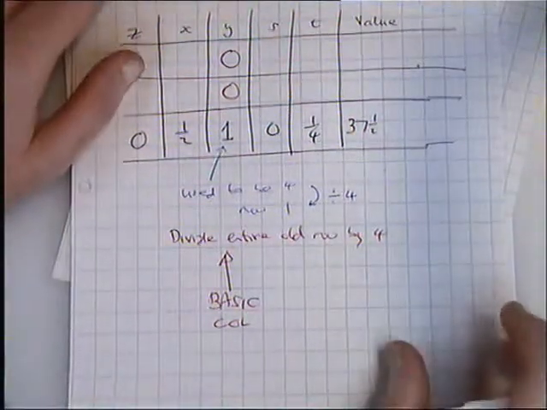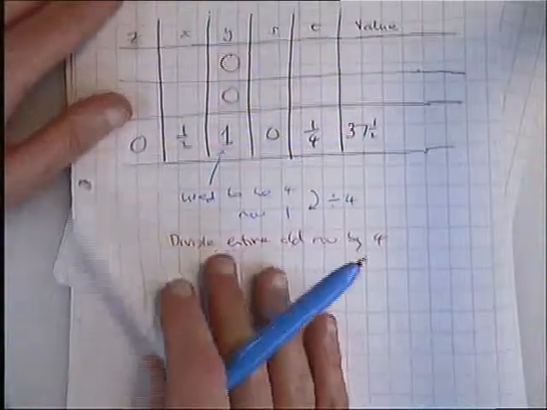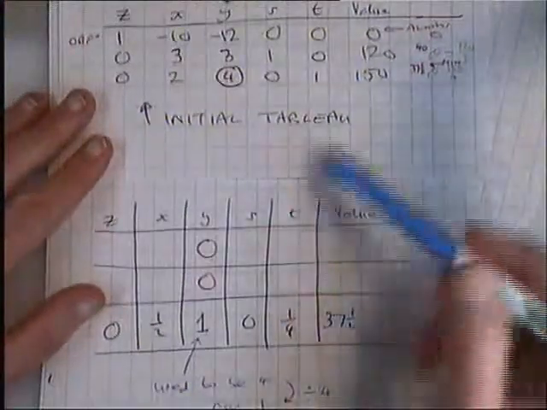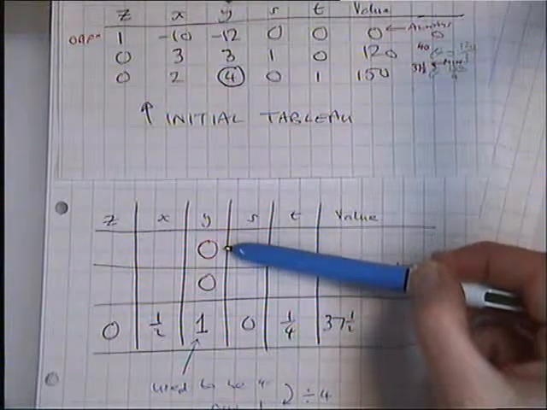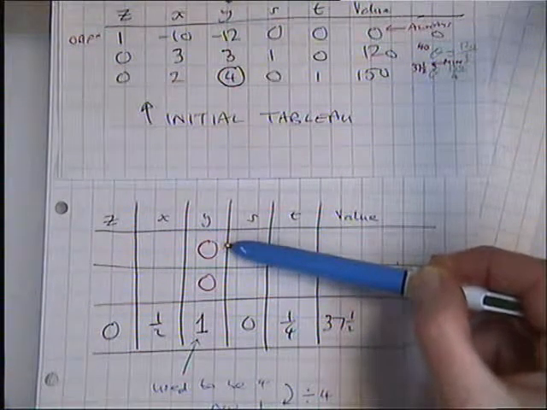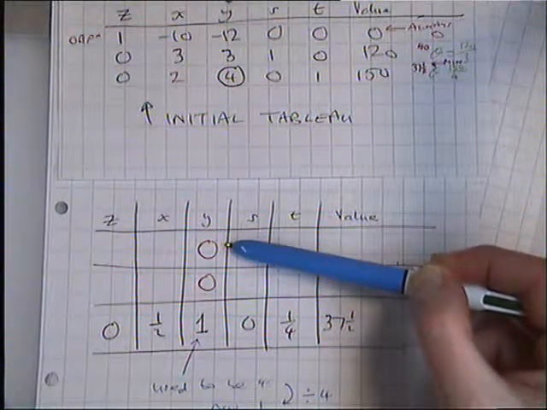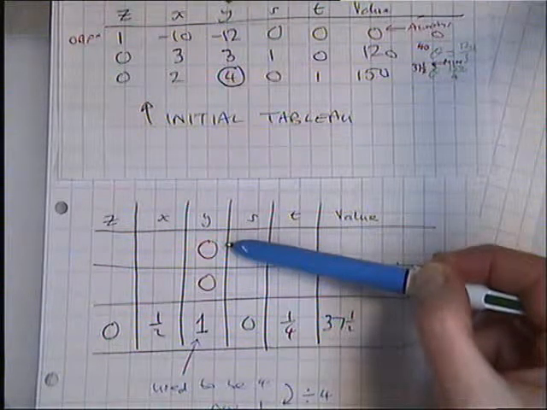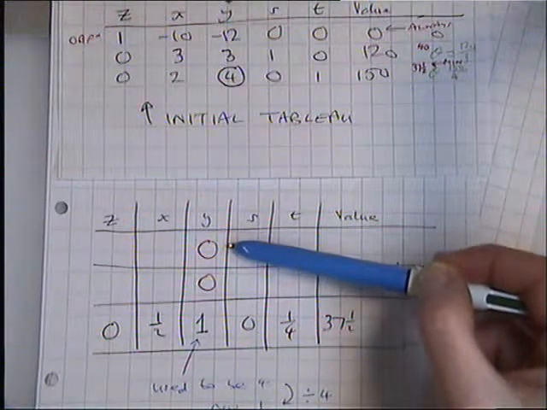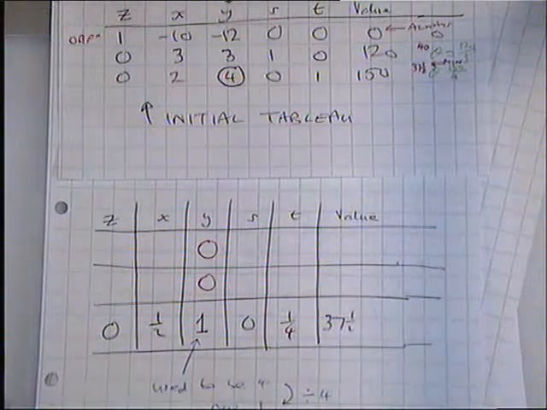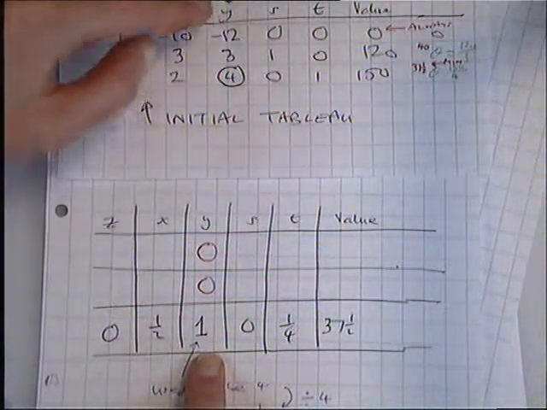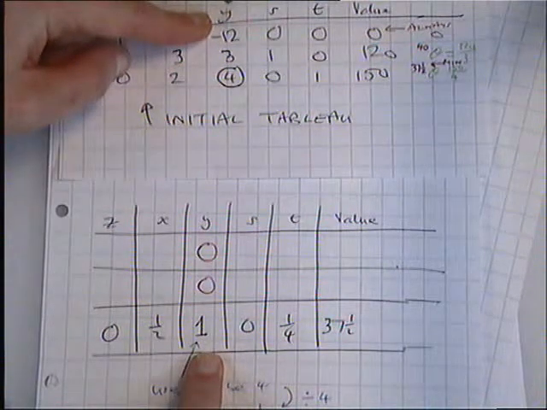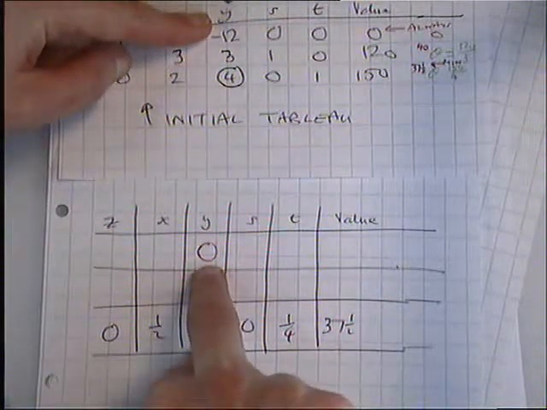Now what you've got to do is think carefully. You look at your two tableaus. What used to be in this position I'm pointing to here? Seth, will you watch please? What used to be in this position? Minus 12. Well, I've got to get a nought in there. You ask yourself, how many of this number here do you add or take to this number here to get that 0?